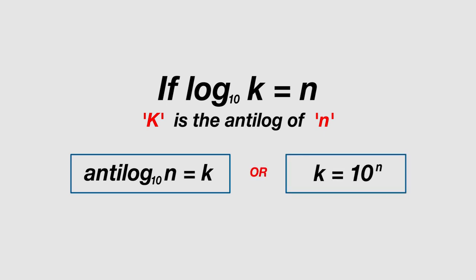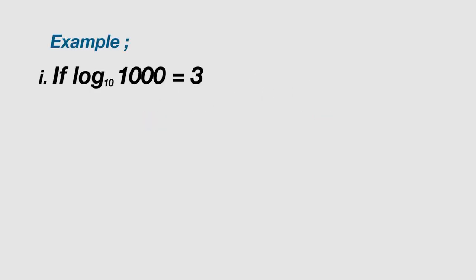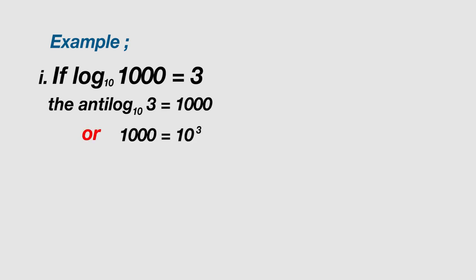Or we can also say k is equal to 10 raised to the power n. For example, if log base 10 of 1000 is equal to 3, then the antilog to base 10 of 3 is equal to 1000. Or we can say 1000 is 10 raised to the power 3.